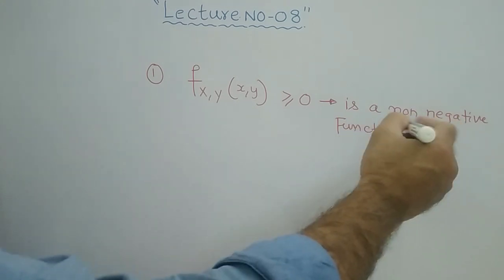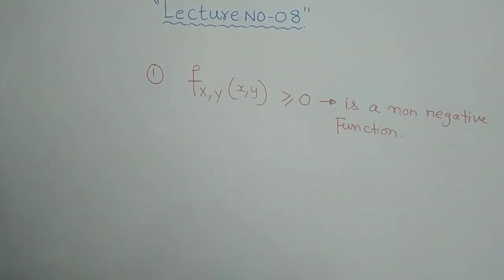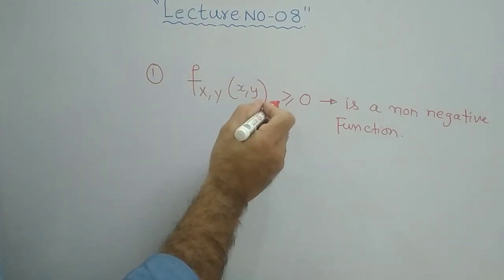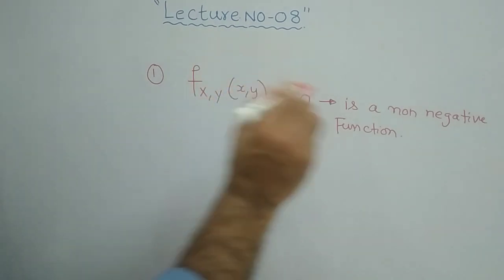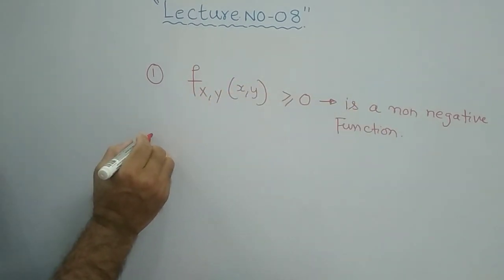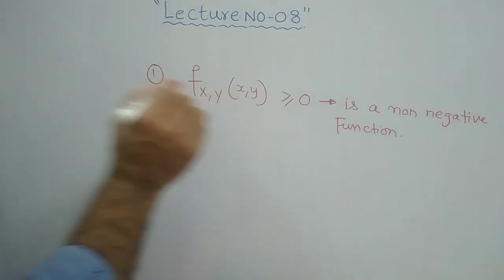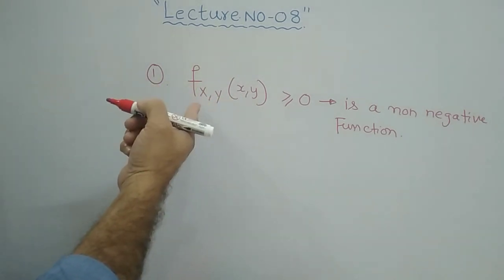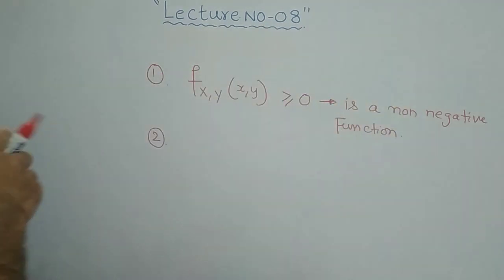That is the first property. The joint probability density function must be non-negative. That is the first condition.